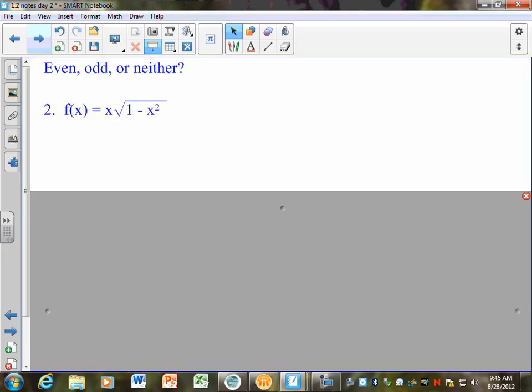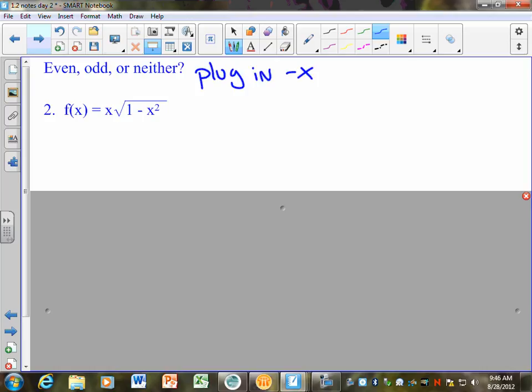So even and odd functions, we could actually just do the two tests. We could test for symmetry with the y-axis. We could test for symmetry with the origin. But the easiest way is to just plug in negative x, and you're looking for a couple things. If it's even, when you plug in negative x, nothing should change.